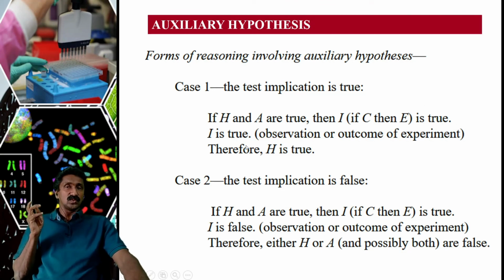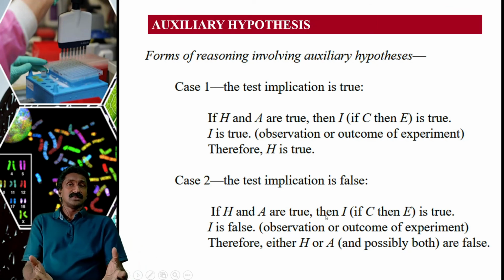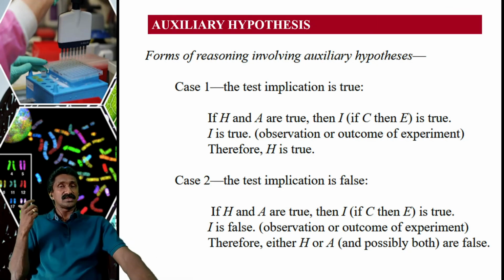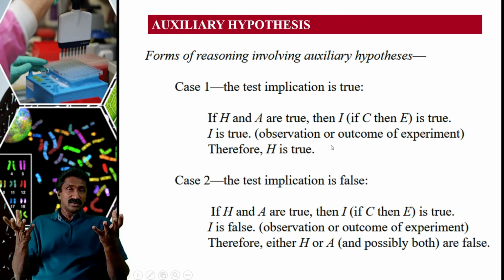So that is true. Okay. And in another case, it may be false. If the original hypothesis is false, then the result will be something like this. Either I is false, which means the child is not saved at all.